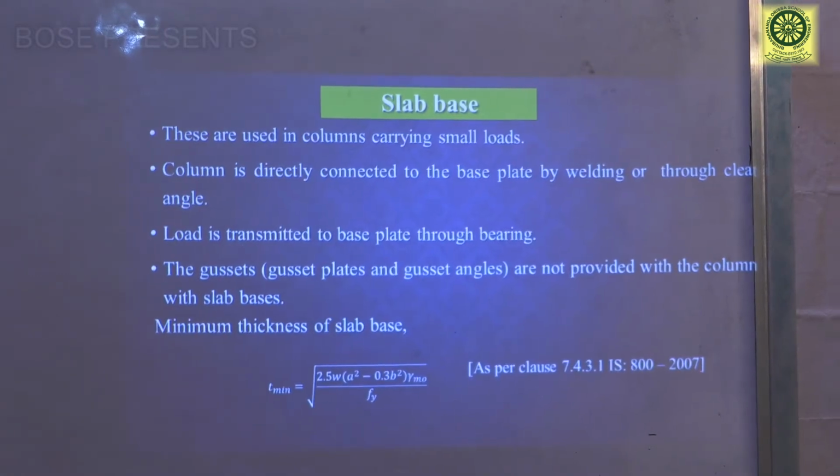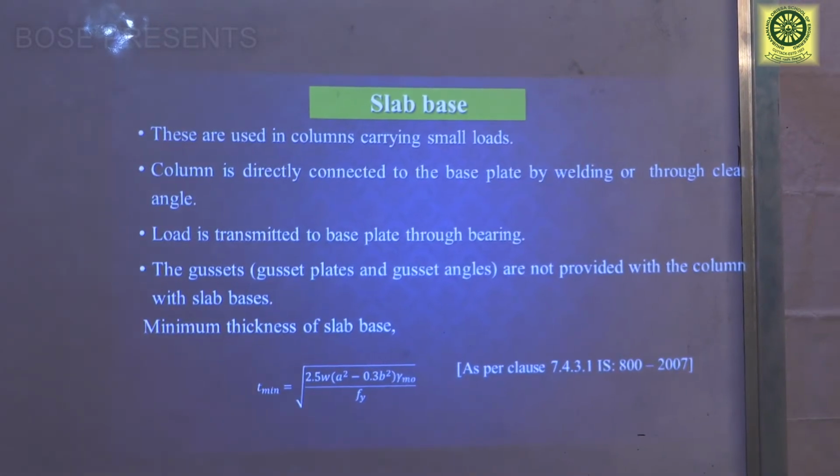Then slab base. The slab base is the column base used where it is carrying small loads. In slab base, the column is directly connected to the base plate by welding or through cleat angles, and load is transmitted to the base plate through bearing.